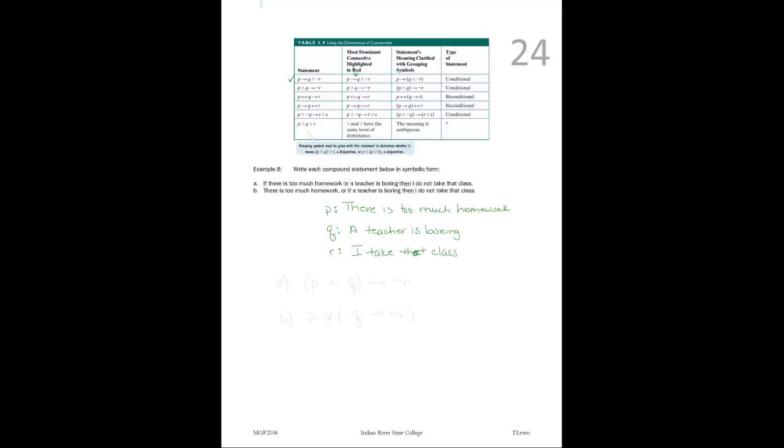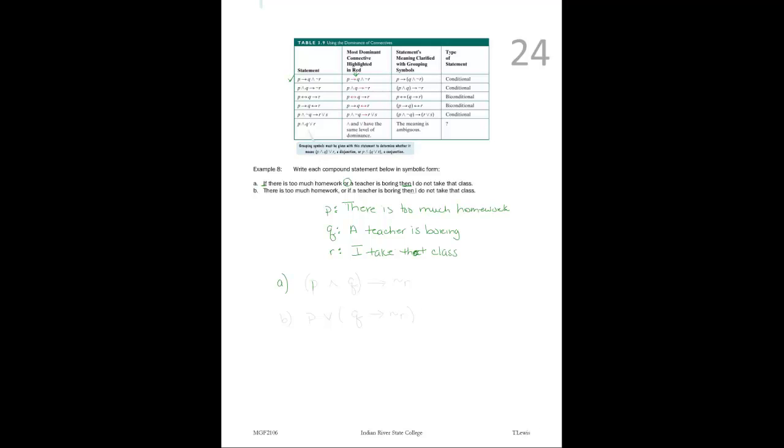So let's look at Example 8. It says, if there is too much homework or a teacher is boring, then, well, we have if and then. So we know we're going to use the conditional statement connective. Okay? So if there is too much homework, or, we're going to use our symbol for or, our disjunction, a teacher is boring.